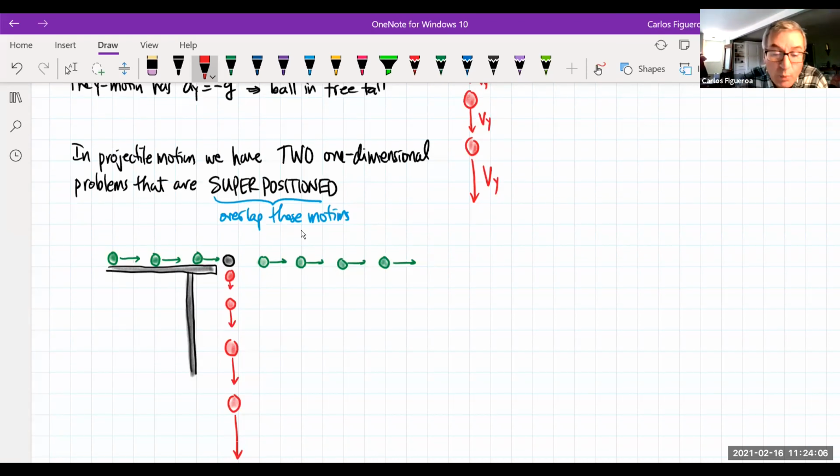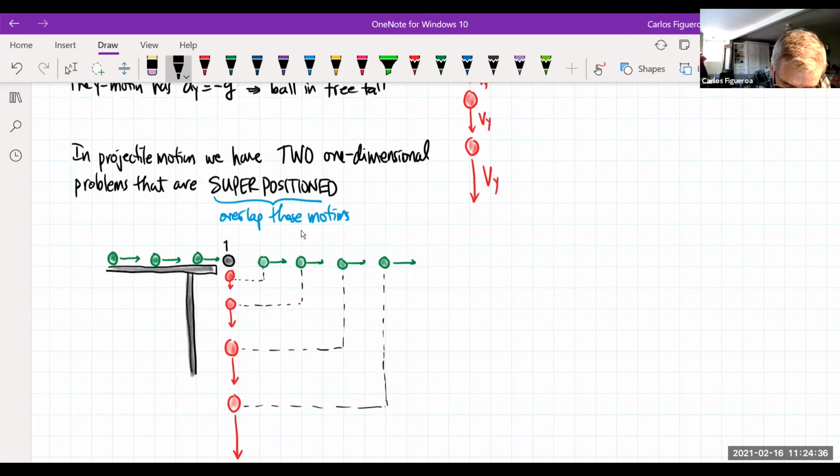And now we do the superposition. Superposition says that if this is our first state of the ball, our second state of the ball is the sum of these two. Then our third state is the sum of these two, and our fourth state is that sum. All I'm doing is mapping out the ball as it's moving, using the parallelogram rule.